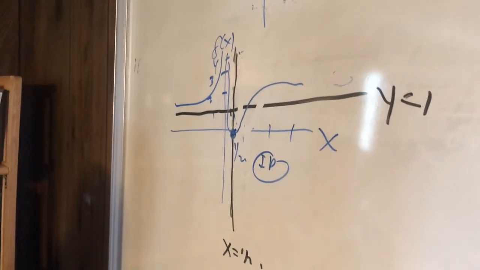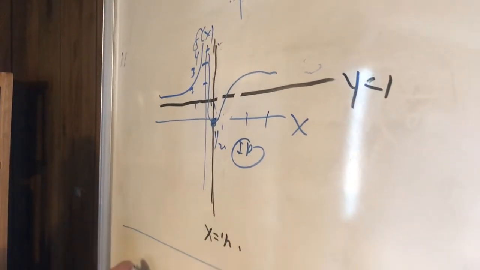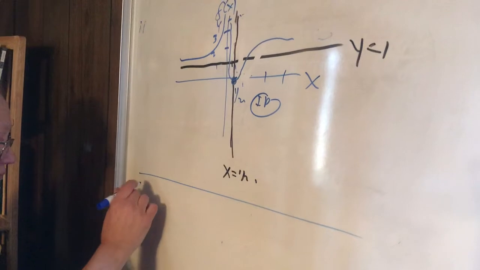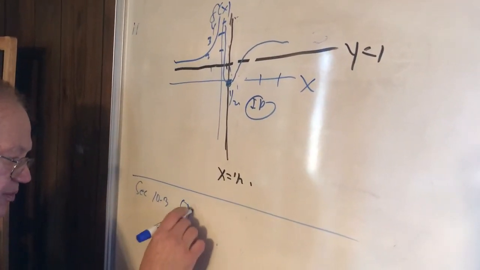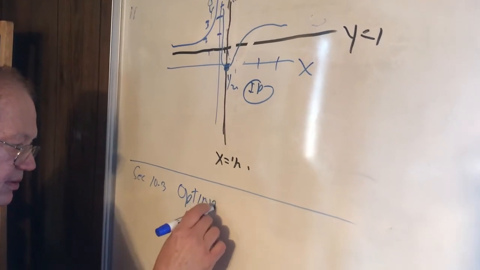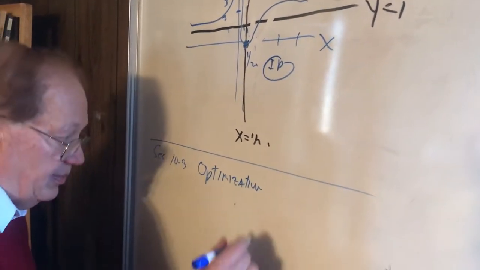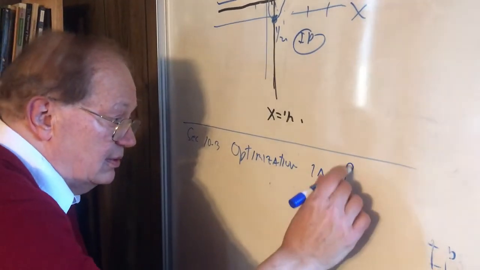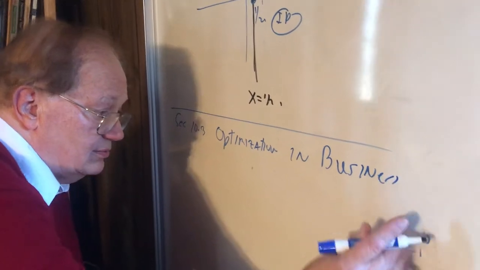All right. Let us go on, and we're going to be talking about optimization. This is section 10.3, optimization in business. And you can add economics there if you want.